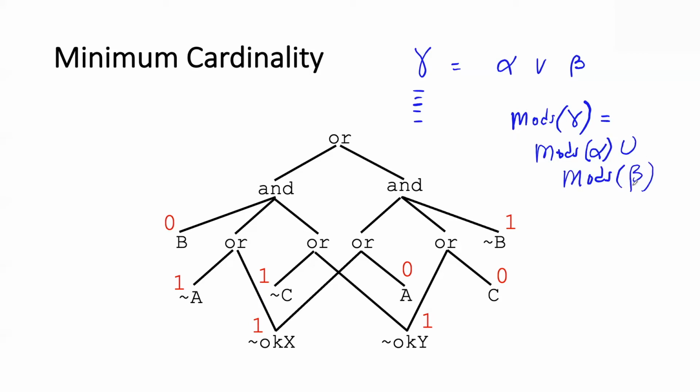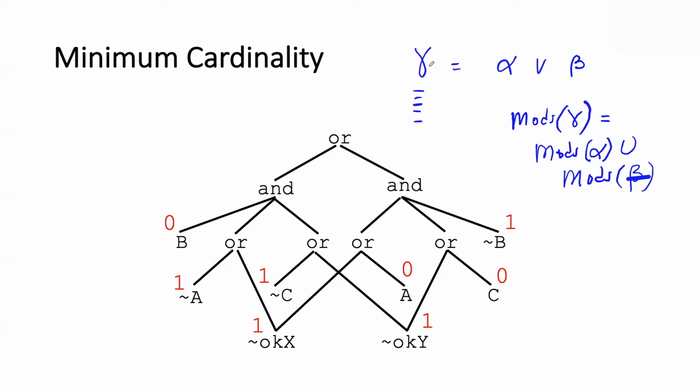By giving you the minimum cardinality of this, I told you the minimum cardinality attained by any of these models. And by giving you the minimum cardinality of that, I told you the minimum cardinality attained by any of those models. So just take the minimum of these two and you get that.